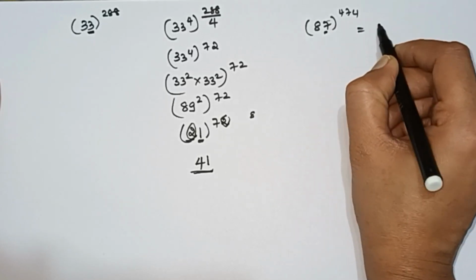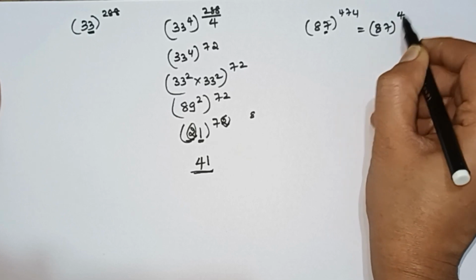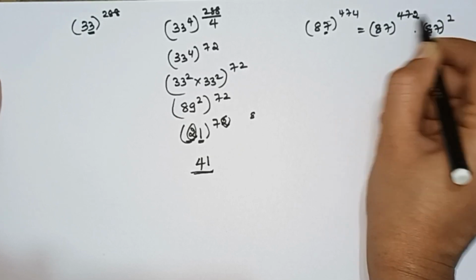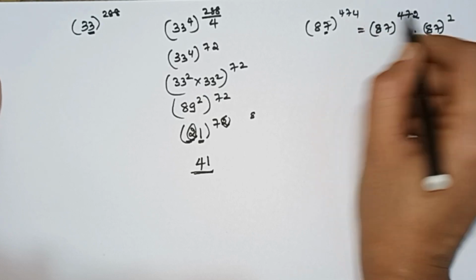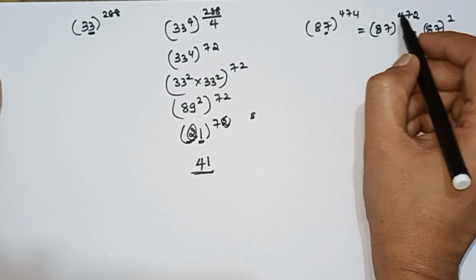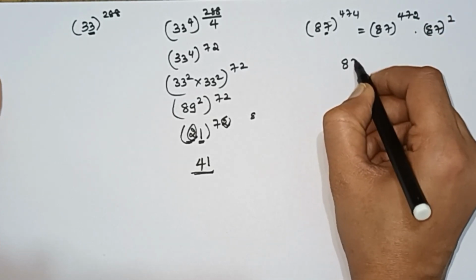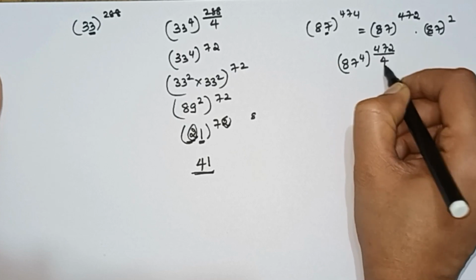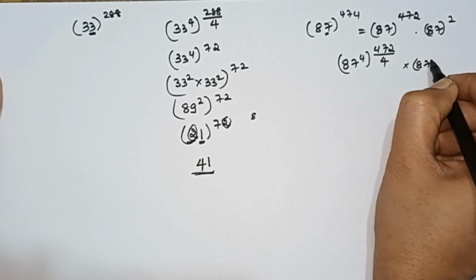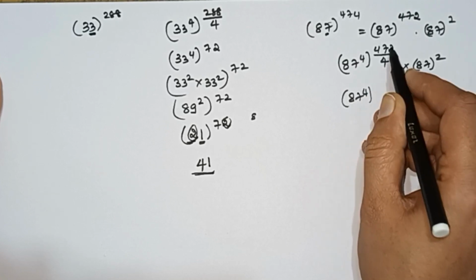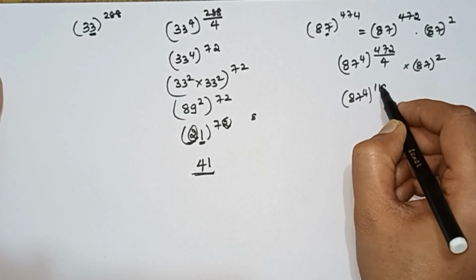Therefore, I have to split this as 87 to the power 472 into 87 square, which altogether gives you 474, because 472 is an exact multiple of 4. Therefore, now I'll raise it to the power 4 here. Then 472 by 4, and 87 square as it is. Here 87 to the power 4 whole power, this value is 118.